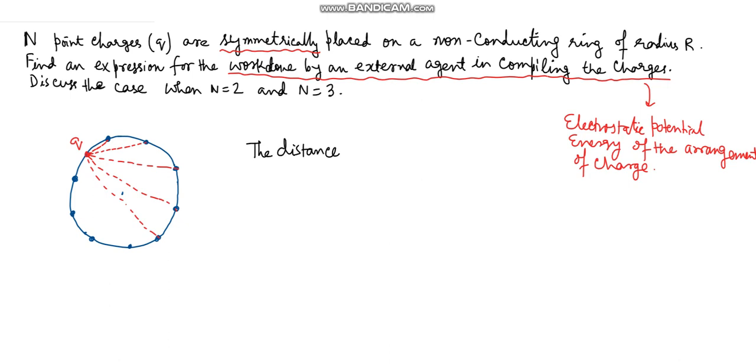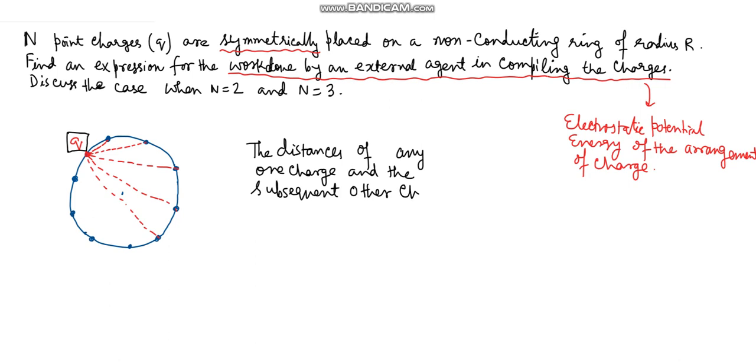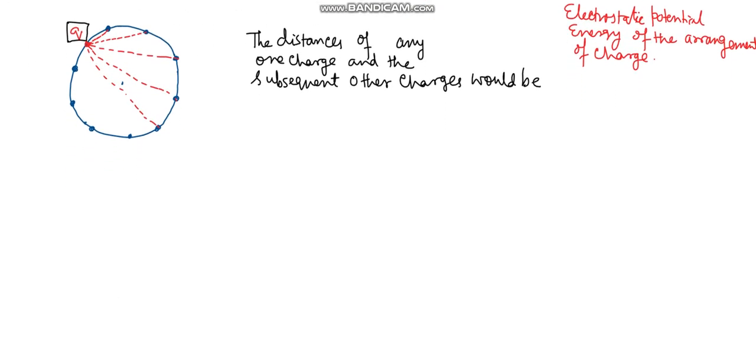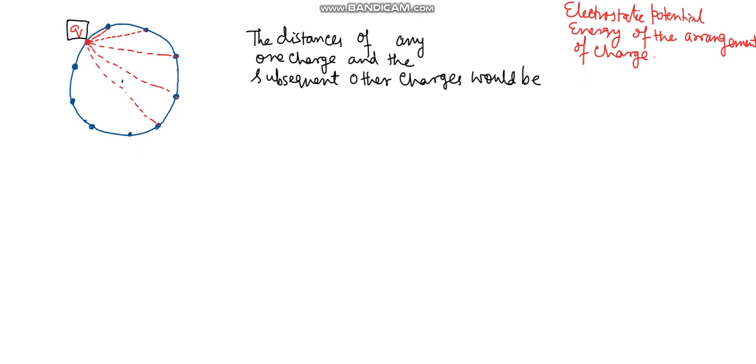The distances of any one charge, let us choose any one charge. I have chosen this particular charge. Just look at here. The distances of any one charge and the subsequent other charges would be, let's calculate here, look at the geometrical arrangement of this.